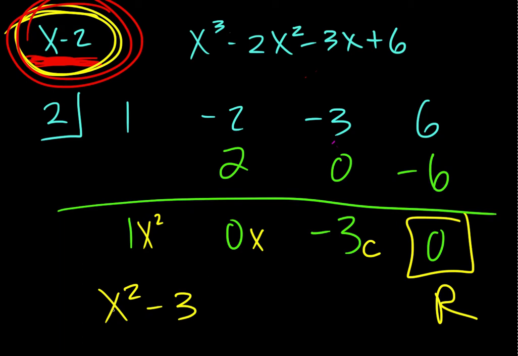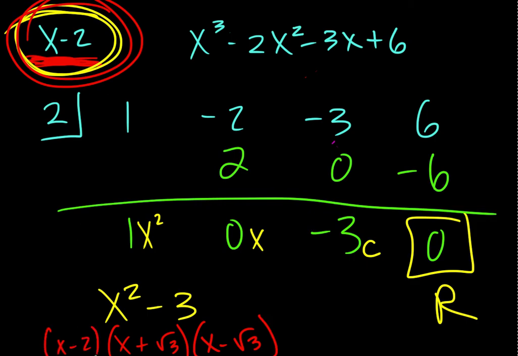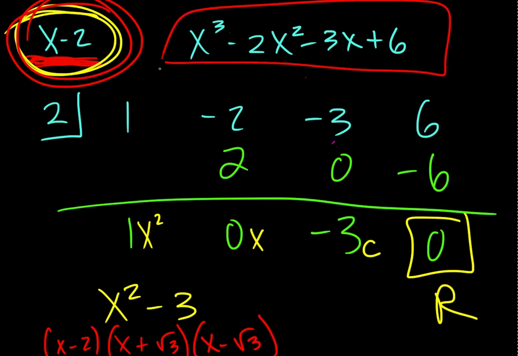And then this, if we use difference of squares, is going to be x plus root 3, x minus root 3. And then I'm just going to tack this on. And so the red down here is the factored version of this.